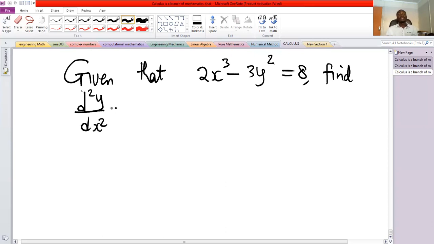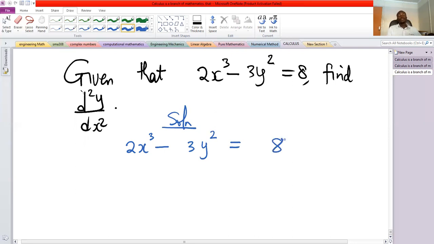Let's simply find the second derivative. Now what to do, you get the first derivative and then use the first derivative to get the second derivative. So solution, we have 2x cubed minus 3y squared equals 8.